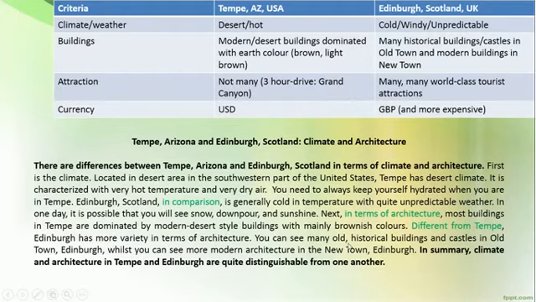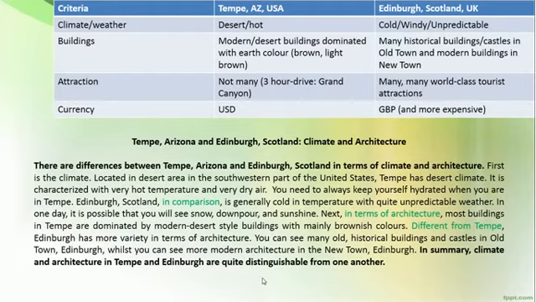You can see many old historical buildings and castles in Old Town Edinburgh, whilst you can see more modern architecture in the New Town Edinburgh. In summary, climate and architecture in Tempe and Edinburgh are quite distinguishable from one another.